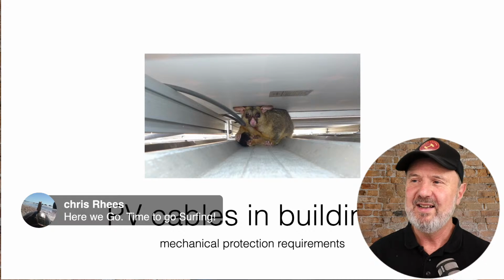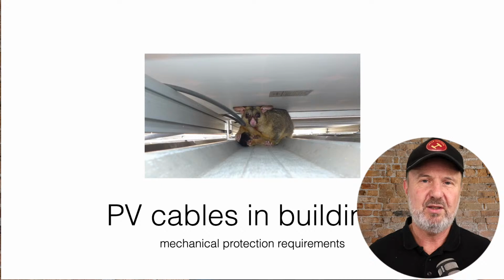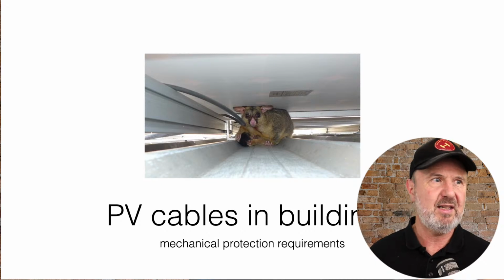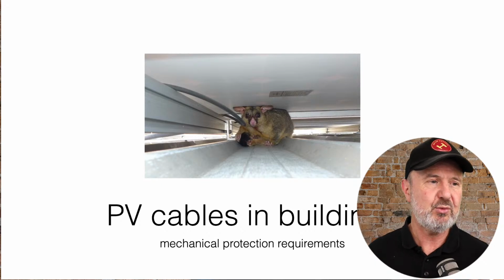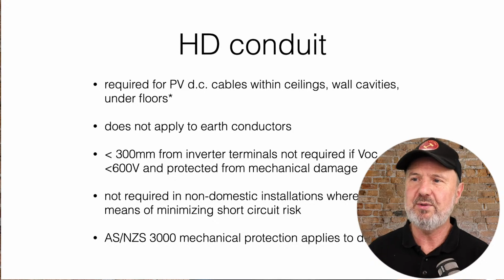So, cables inside buildings require mechanical protection, and we specified in the 2012 edition that the protection was HD conduit inside buildings. But what we didn't say very well was what was actually inside a building.